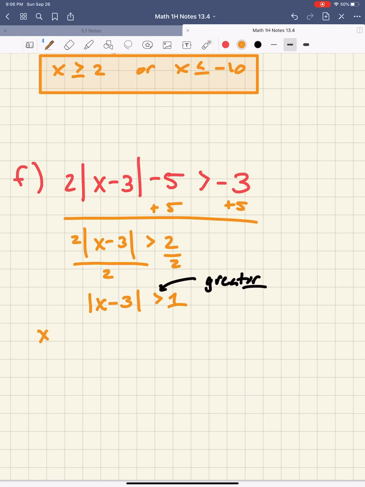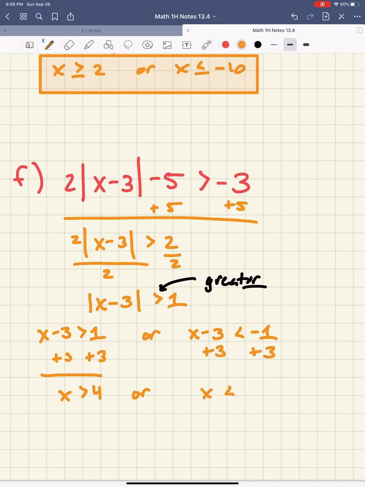And for that, we end up with x minus 3 is greater than 1, or x minus 3, I'll give you a second to think about it here, is going to be less than, we flip the symbol and flip the sign, less than negative 1. And then from here, I do need to finish solving, so add 3. X is greater than 4, or adding 3 here, x is less than 2.